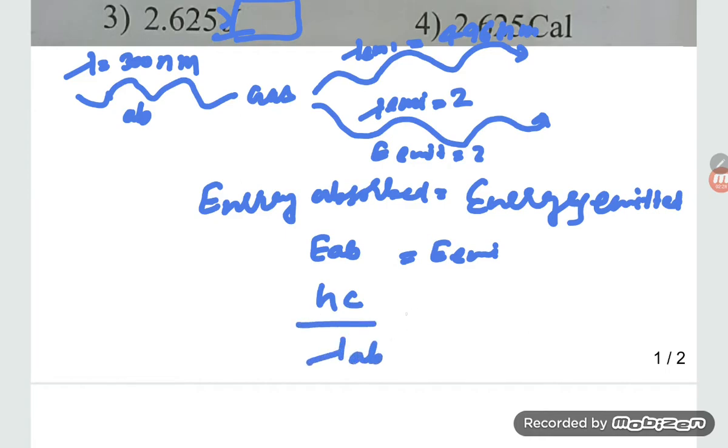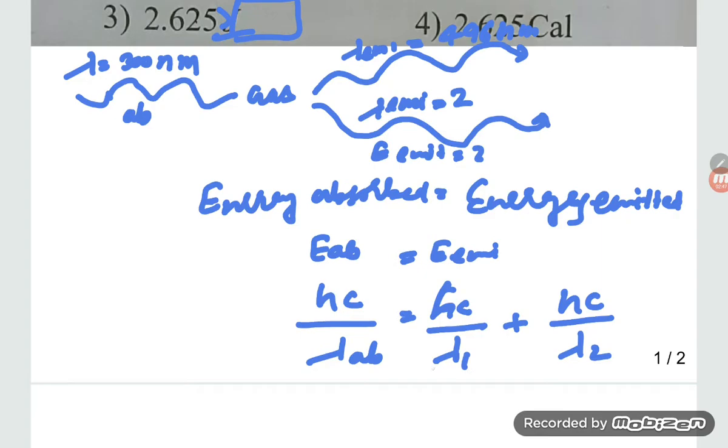So E absorb is equal to hc by lambda 1 for the first emitted photon, plus the energy of the second photon, hc by lambda 2, because two photons are there, student. Try to understand the question very thoroughly.